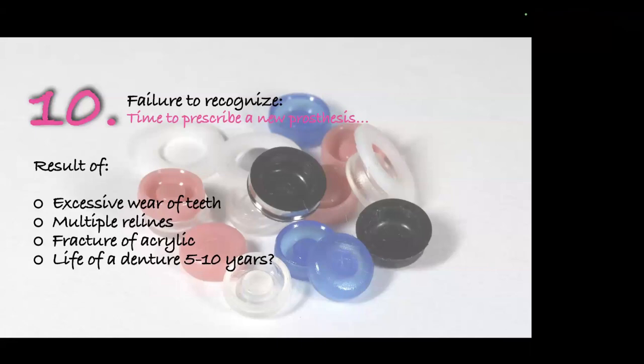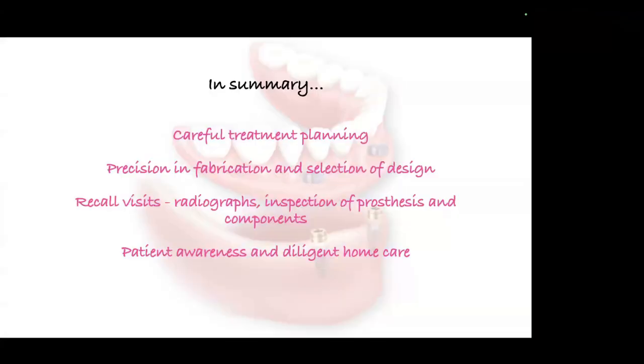But if you don't have a framework and you have a fracture over the housing or one of the components, that's a devastating fracture. And it's very difficult to repair that and get that proper fit. You really lose the integrity of the prosthesis when that happens. And once you start getting up there in years, look at the prosthesis. Soft tissue changes, bone shape can change. Maybe it's time to have that conversation with the patient.